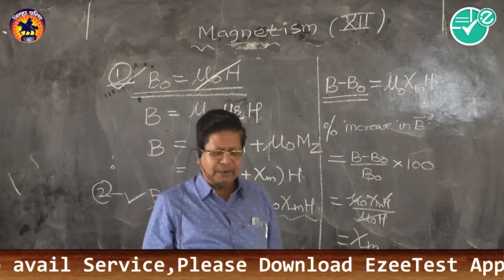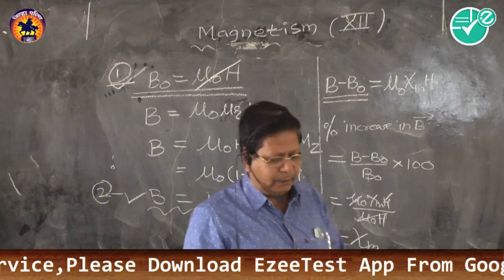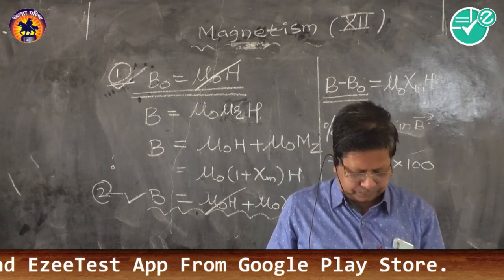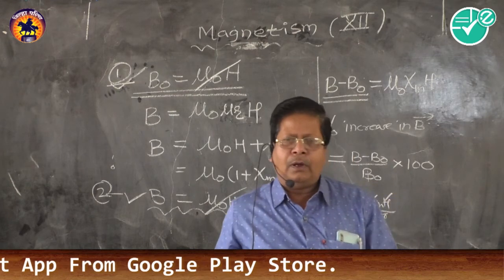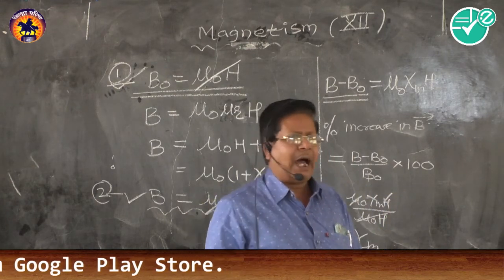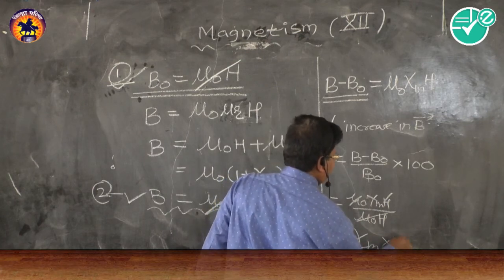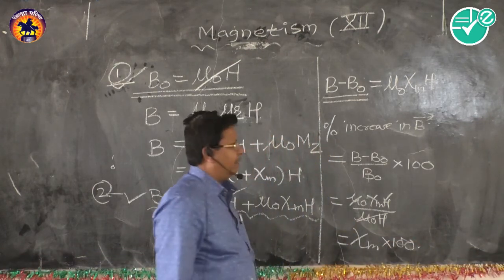So the increase in magnetic induction in case of a toroid with iron core is equal to chi m multiplied by 100.